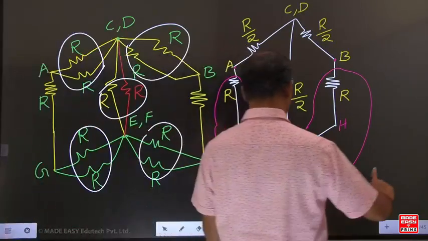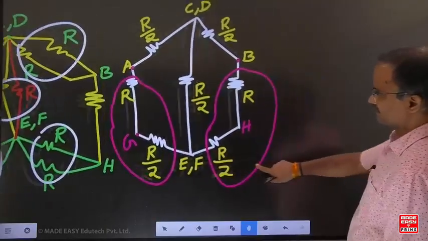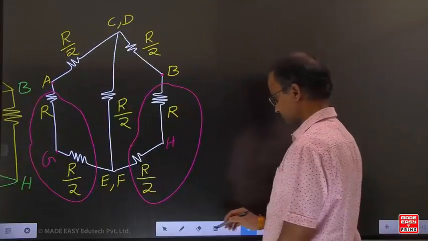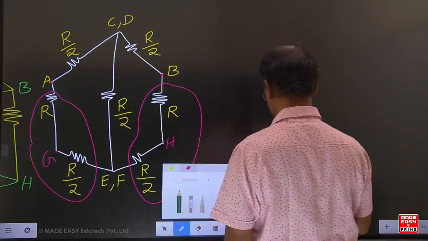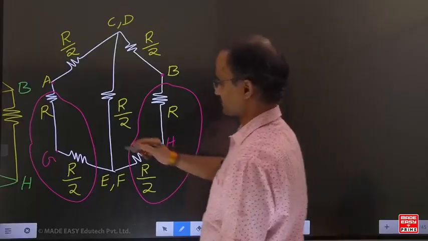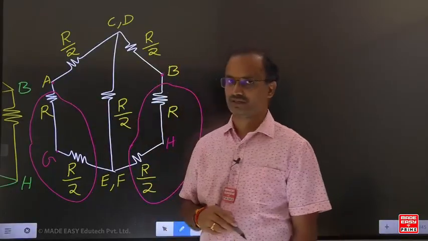Okay, now let us simplify further. For this example, देखिए R by 2 both are connected in the series.